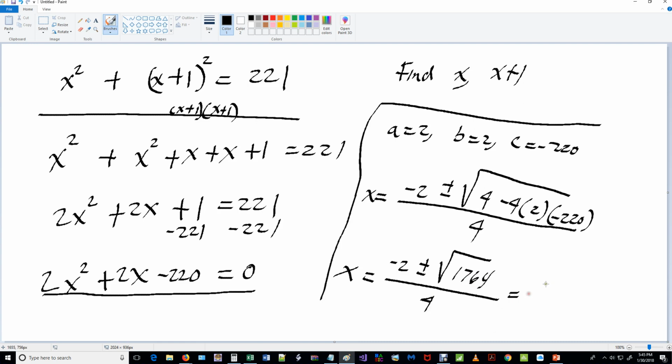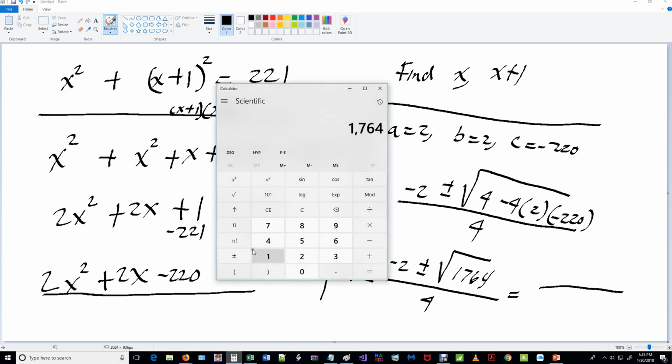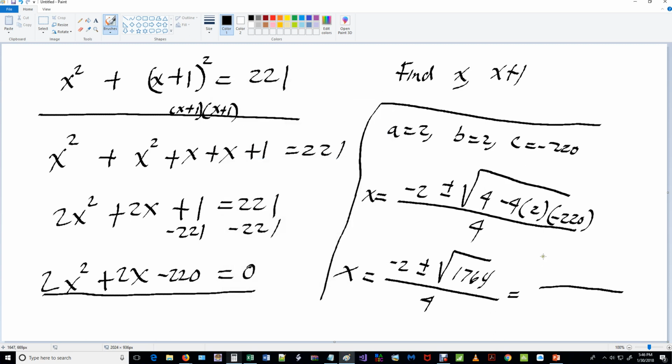Now, if this has any solutions, the square root of 1764 has to be an integer. Let's find it. I just did it, but let's do it again. The square root of 1764 is 42. All right, so you have minus 2 plus or minus 42 divided by 4.